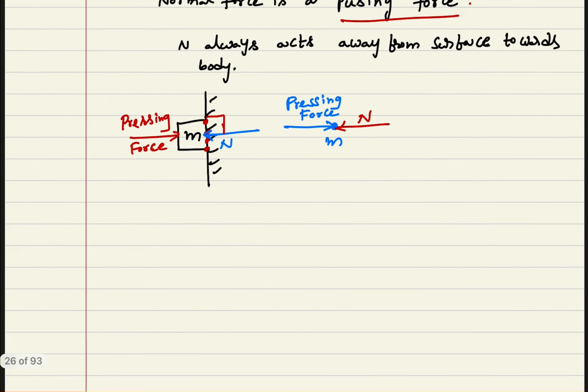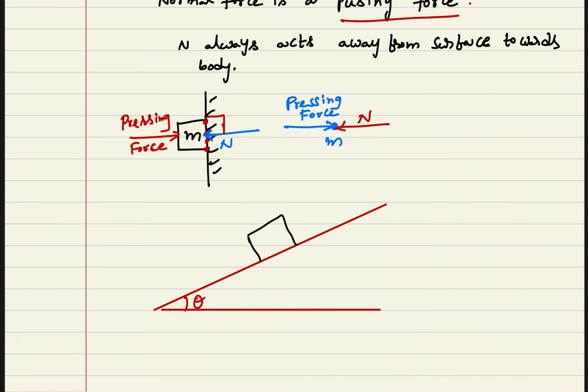If I take another example like this, if any body of mass m is placed here, we can see the contact is like this. Now we have to draw a line which is perpendicular to the surface of the contact. This is perpendicular to the surface of the contact, normal reaction will be like that.